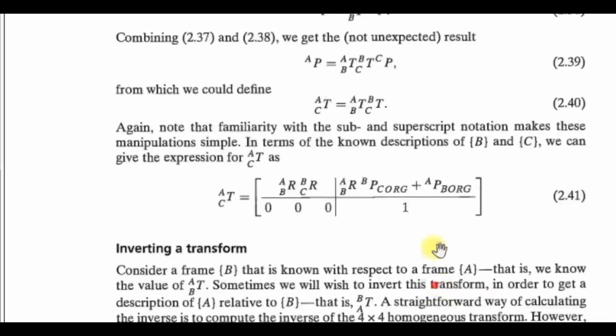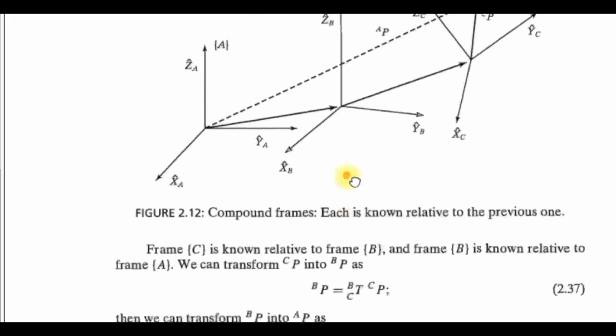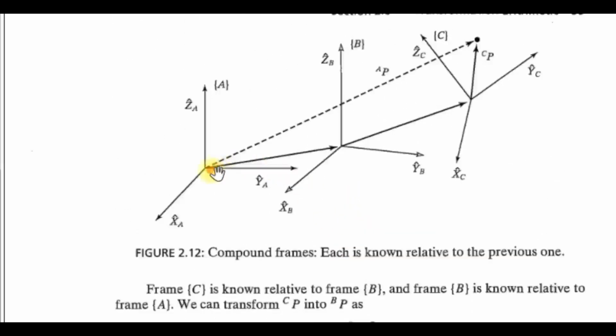If B and C, look here, the translation occurs, means this origin is changed here and this origin again changes here. So we have to calculate the total change in origin distance, that is the translation.